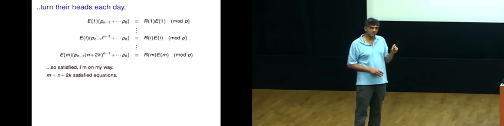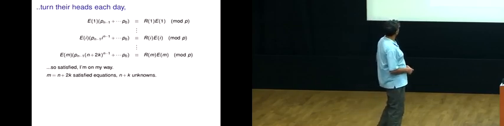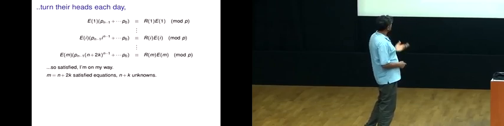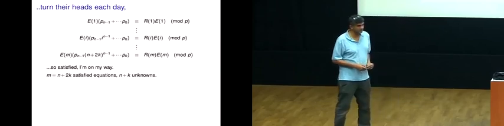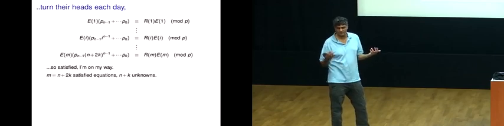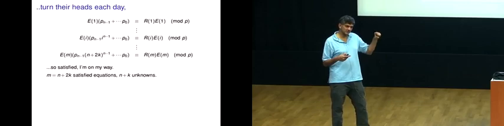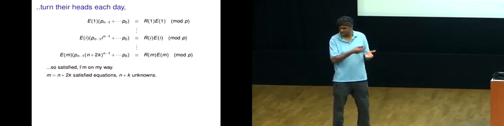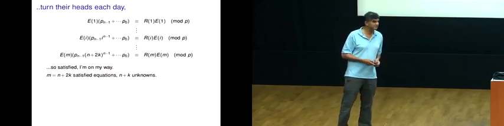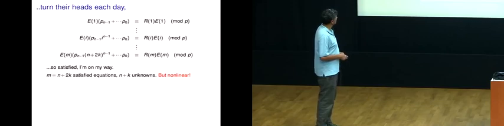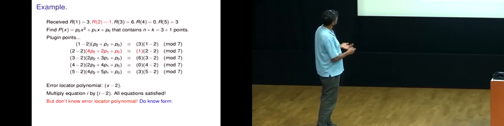K. Normally it would correspond to K plus 1 unknowns, but it happens to be only K unknowns because the leading coefficient is 1. You might as well assume that, right? You can just divide out the leading coefficient because you just care about whether it's 0 or not. But they're nonlinear.